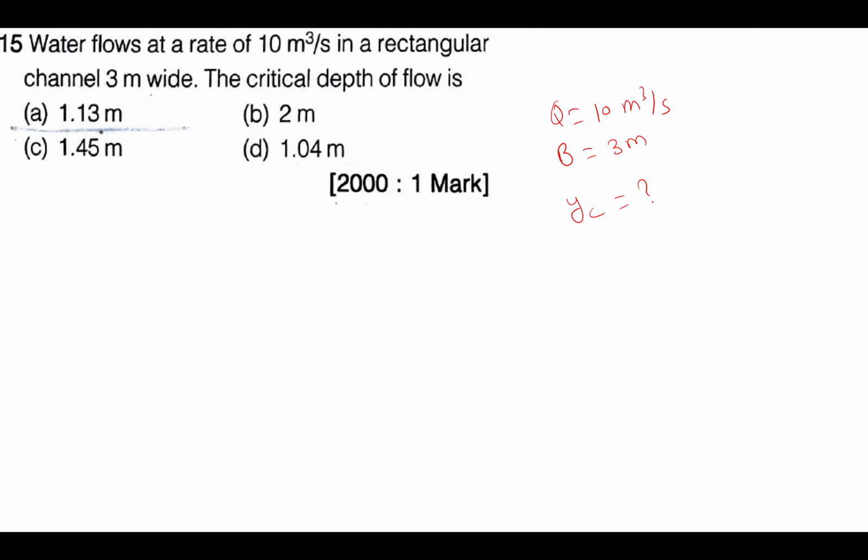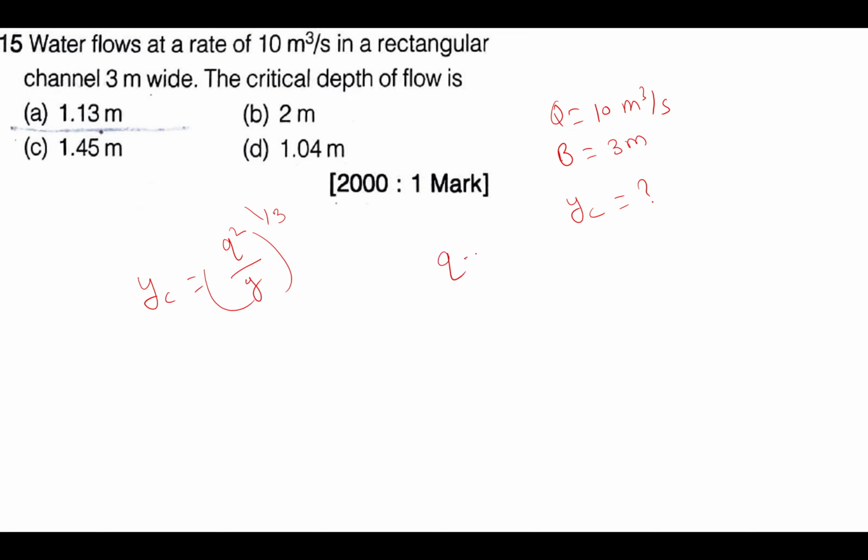So actually, what is the formula of yc? Now come to the point. It is q square divided by g, to the power 1 by 3. Even in other state PSCs, Tamil Nadu, AP PSC, Karnataka PSC, Maharashtra PSC, Kerala PSC, everywhere you can see such type of questions.